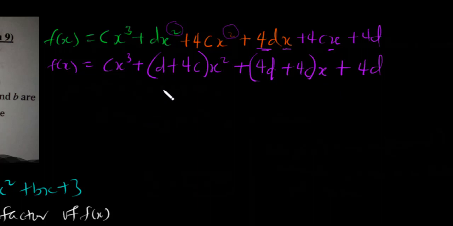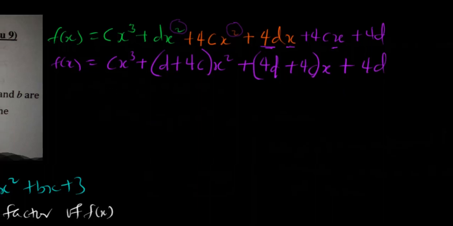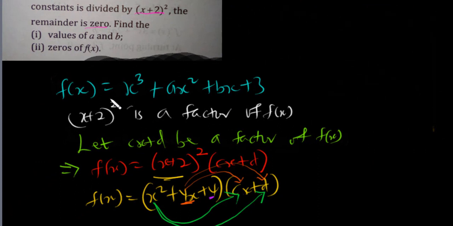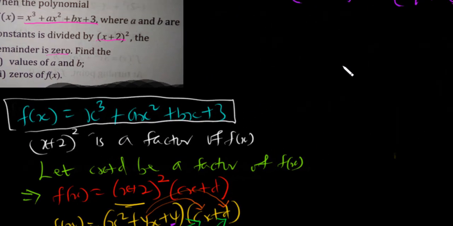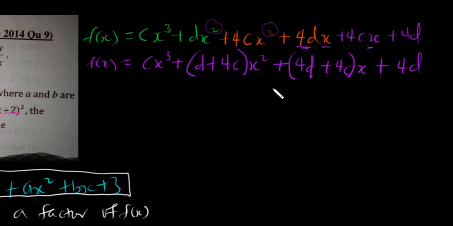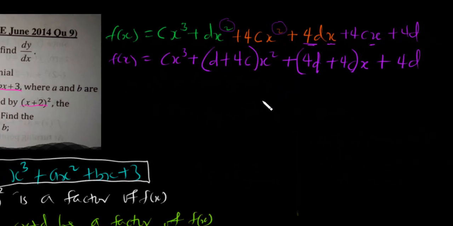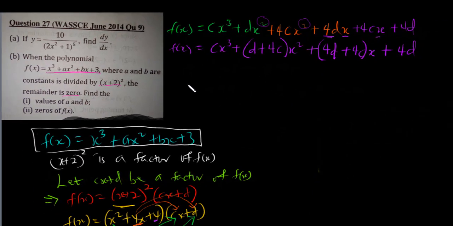All right, so this is the function the question gave to us, and we have been able to derive this function using the factors of f of x. So we can equate the terms term by term. We are saying that f of x equals x cubed plus ax squared plus bx plus 3.